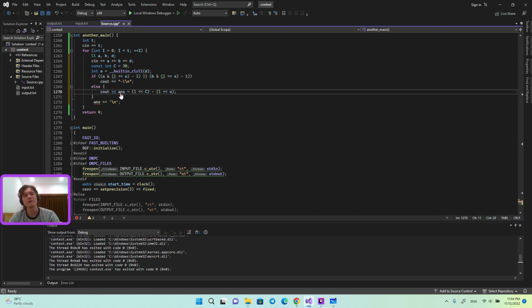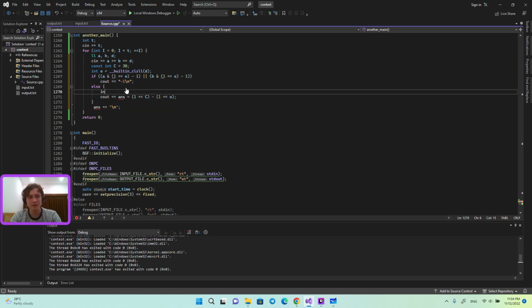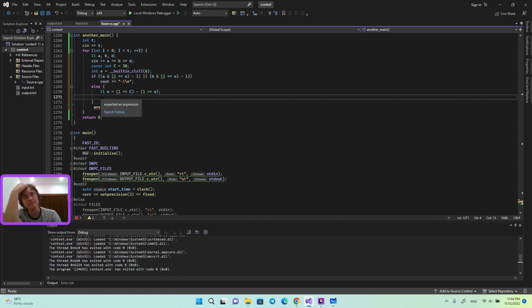Let's think. I have this number, and since I have it, I do the following. I need to find such a number f that f times 2 to the 30 plus e is divisible by d.